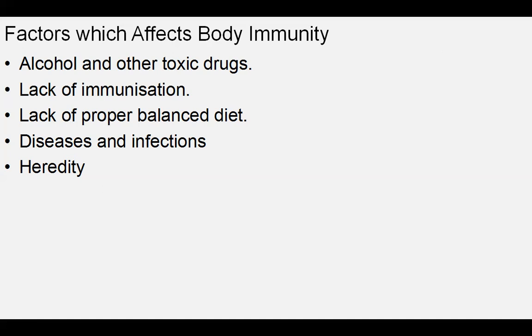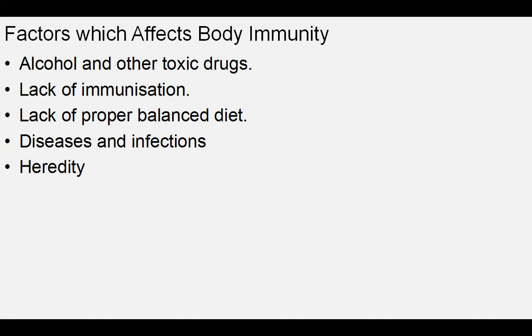The other factor is diseases and infections. Let's say, for example, hereditary diseases. These are diseases that can be inherited from past generations to the current generation. Such diseases can cause a person to be weak and the body immunity cannot fight such kinds of disease because they are hereditary.